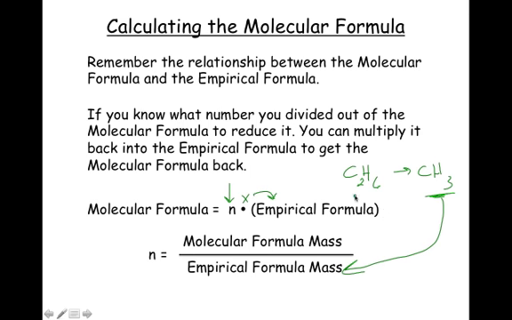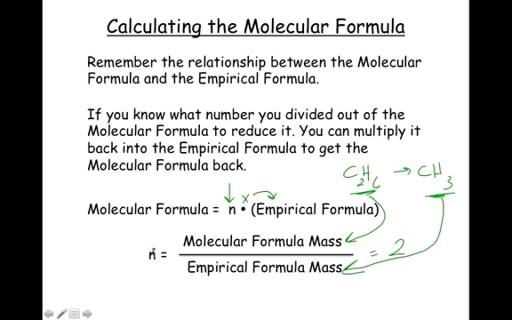The molecular formula mass is the molar mass of that. And if you divide the molar mass of this by this, you'll get 2, because 2 is the number that you divided out. And if you multiply that 2 back in to the C1, you get C2, and the H3, you get H6.